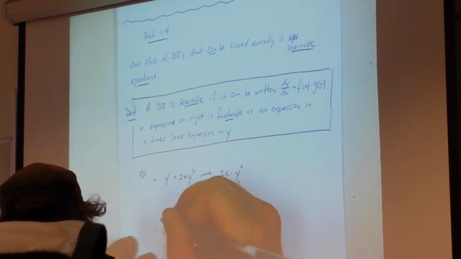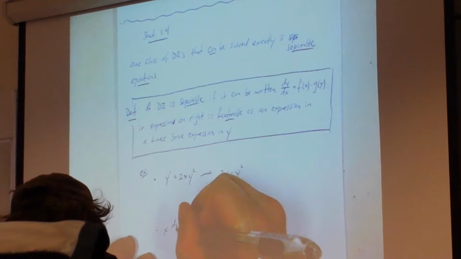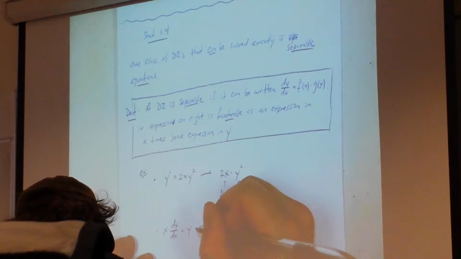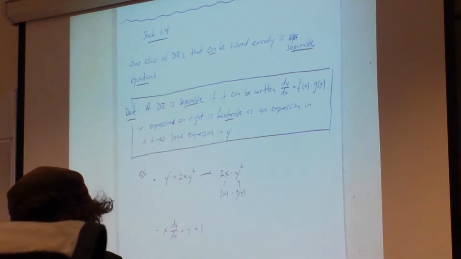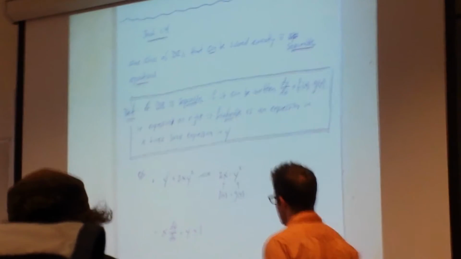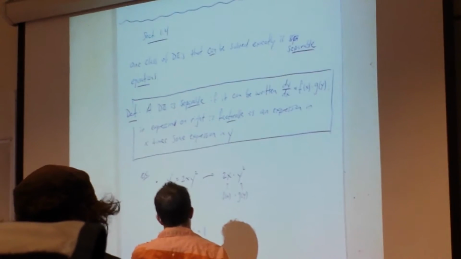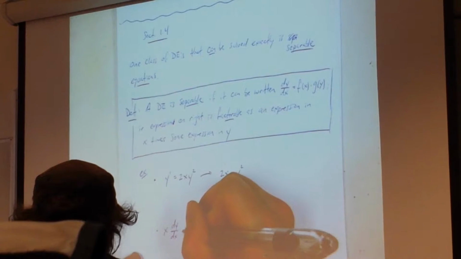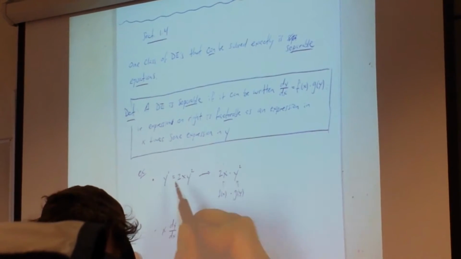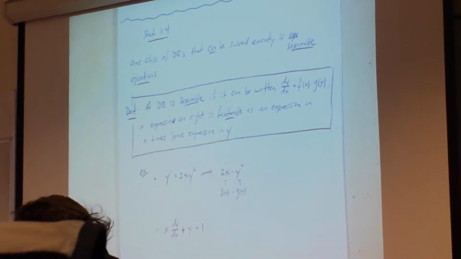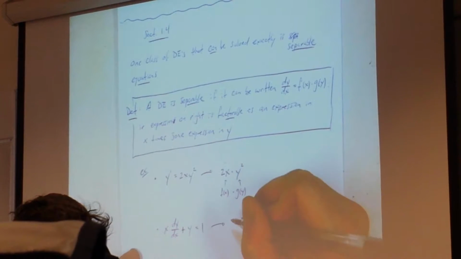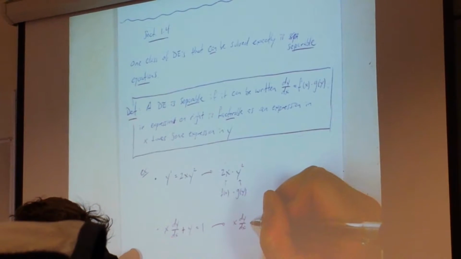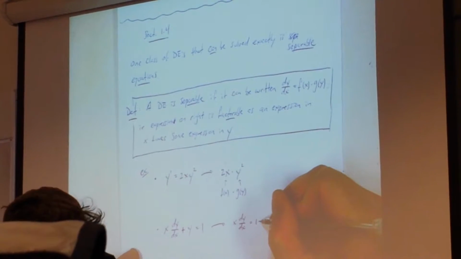Another one. Is this separable? It doesn't look like it's factored at all. We've got a plus. So they don't always come to us in a nice form on the right. But if we rearrange this, first x dy/dx equals 1 minus y.